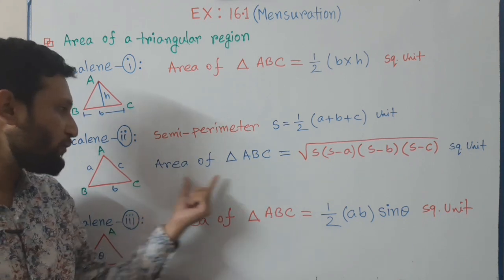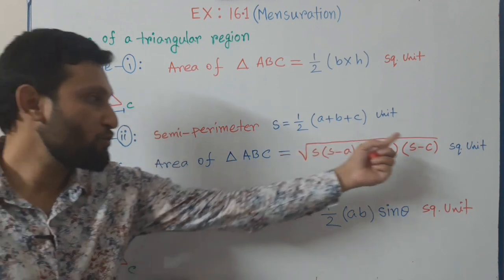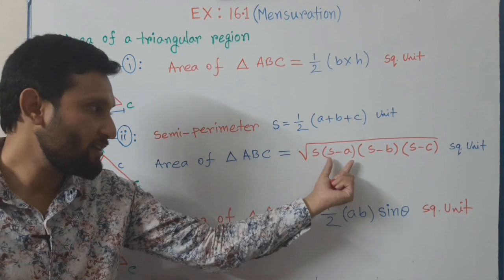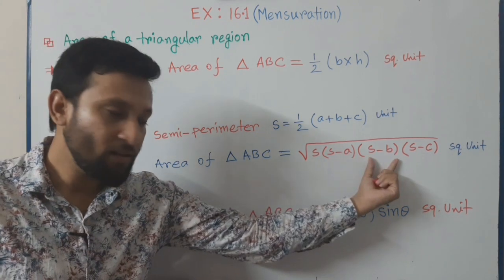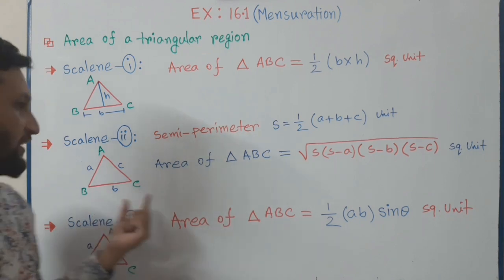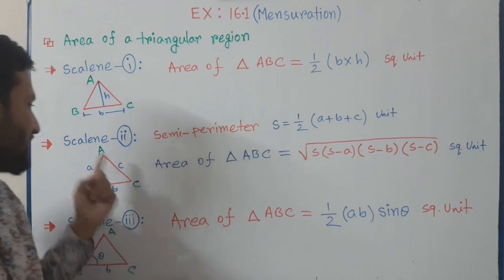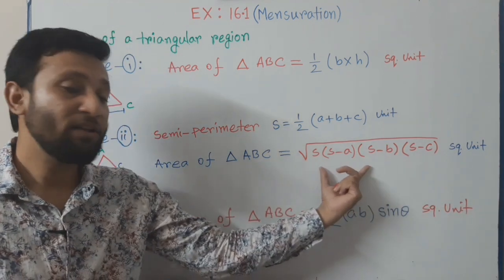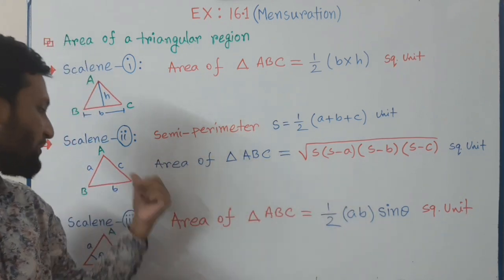So the area of triangle ABC equals square root of S, semi perimeter, into S minus A, that means S minus first side length, into S minus B, S minus second side length, into S minus C, that means S minus third side length. Okay. And then square unit. So this is the area of the second type of scalene triangle if three side lengths are given.